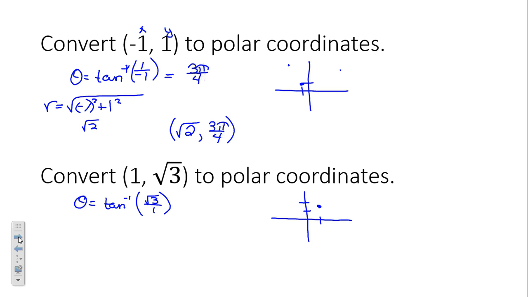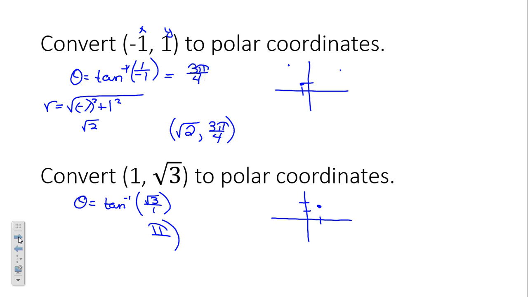So what angle has a tangent that's the square root of 3? Because square root of 3 over 3 is the 30, right? There's a 60-degree angle. 60-degree angle in radians is pi over 3, and 30 is pi over 6. So this is a pi over 3 angle.